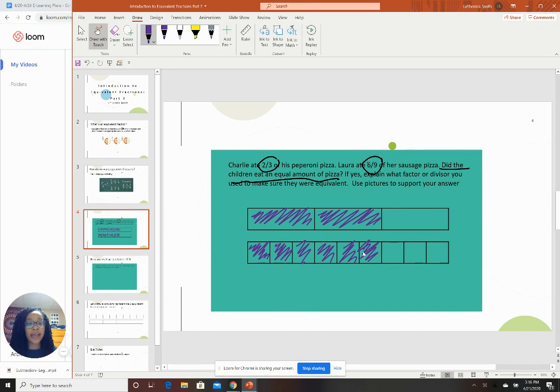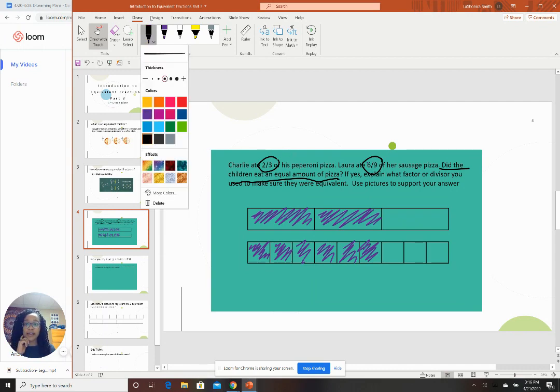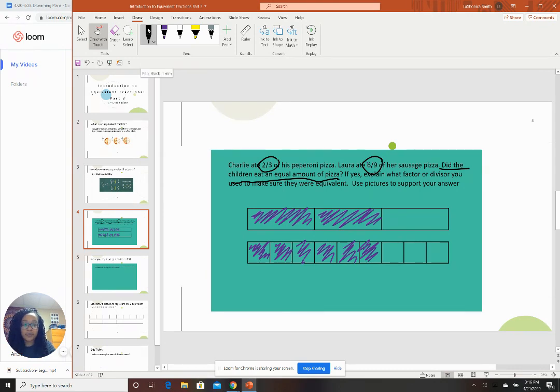Now we need to explain what factor or divisor we used to make sure they were equivalent. So if we're starting with 2/3, I'm going to change back to black. We're starting with 2/3, and I'm thinking in my head, what did I do to 2/3? What did I do to the top number and the bottom number? Because remember, whatever you do to the top, you have to do to the bottom to make sure it's the same. To get 6/9, did I divide?